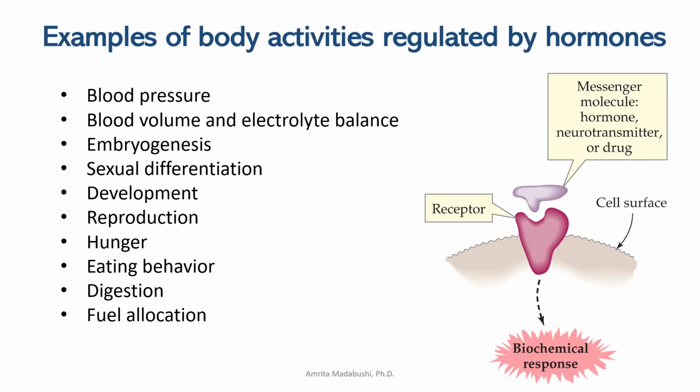But then the SRY gene in males fires up and starts causing the differentiation. Then there is development and reproduction. Puberty is something that happens only at a certain age, and that's regulated by hormones. So all of these are practical examples, and even things like hunger or eating behavior and digestion are all controlled to a large extent by hormones.